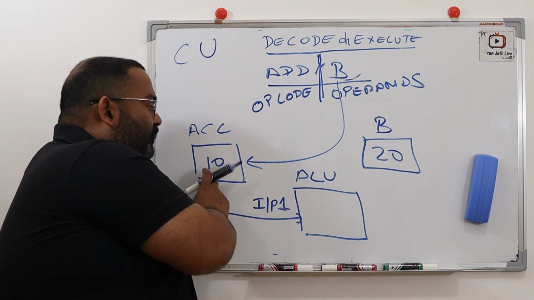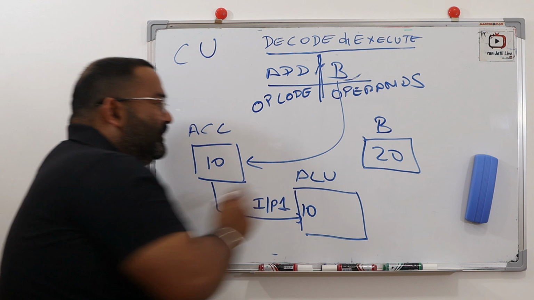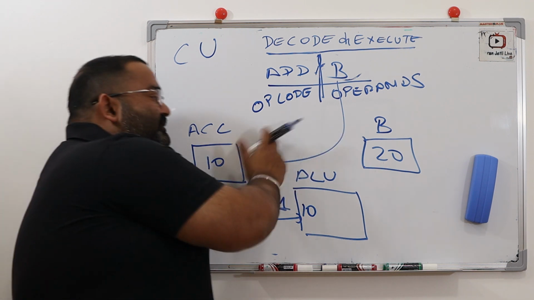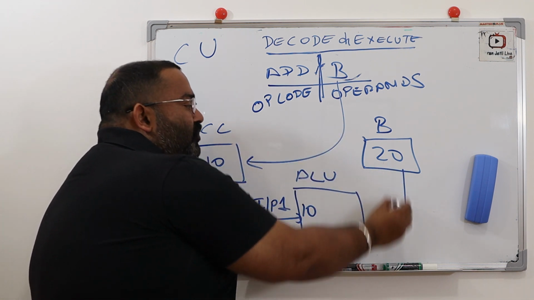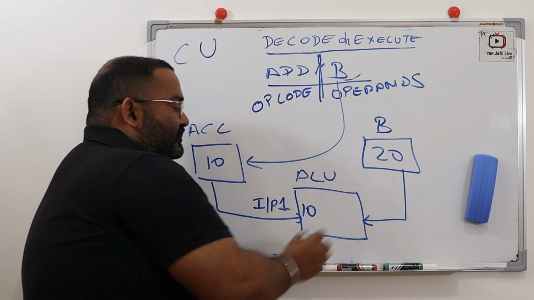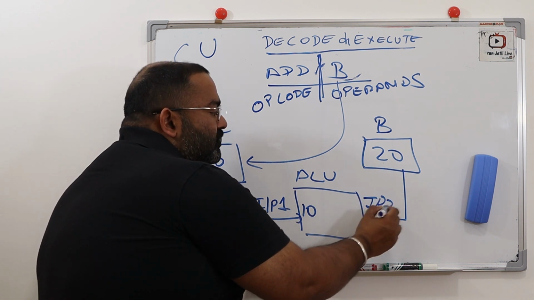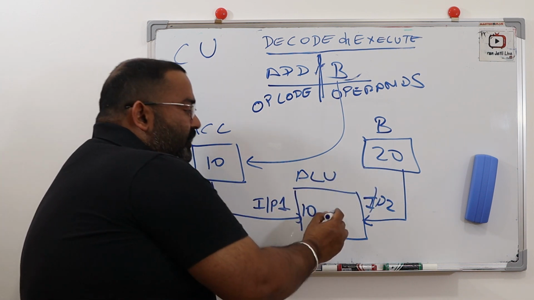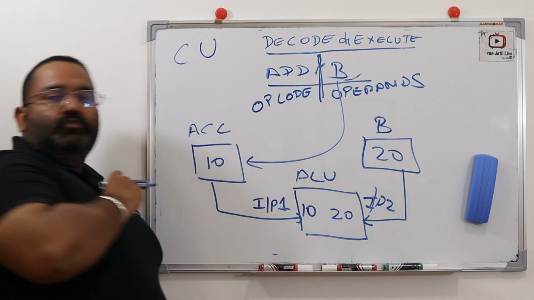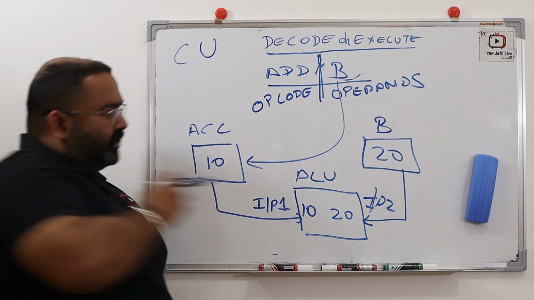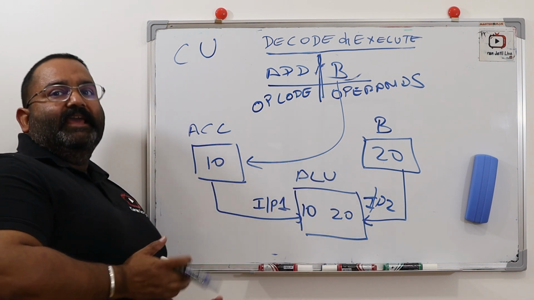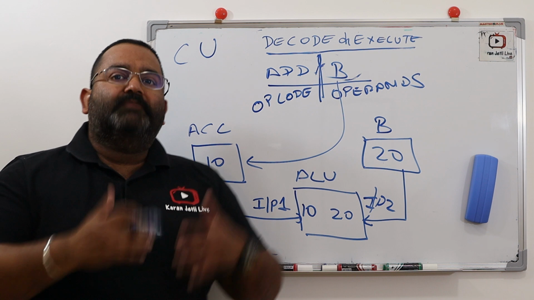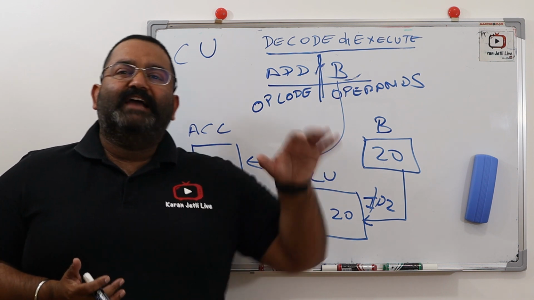So at input 1, what goes is 10. Then again it will generate the control signal to move the contents of register B to input 2. What are the contents of register B? 20. Where are they moved? To input 2. Okay, now the data comes to my ALU. So now the ALU will perform the arithmetic operation add.